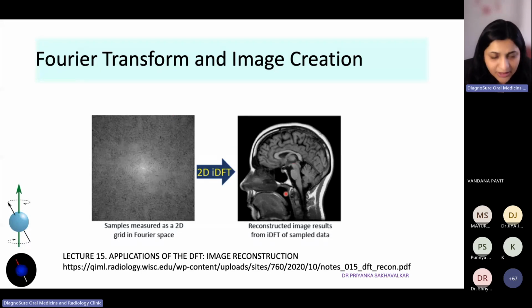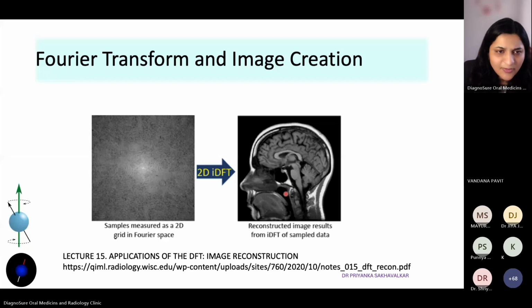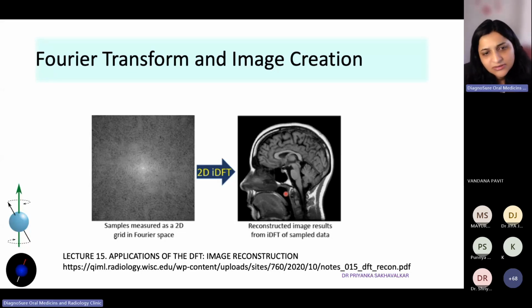After applying the Fourier transform, the result is a 2D or 3D image where pixel intensities correspond to signal strength from various tissues. And different tissues have different signal intensities.